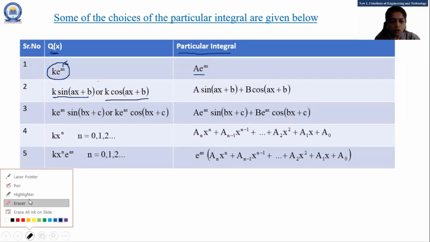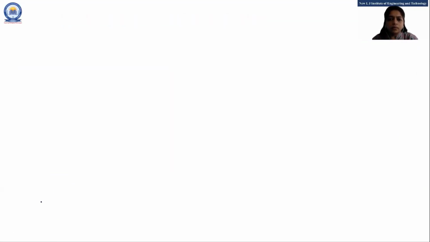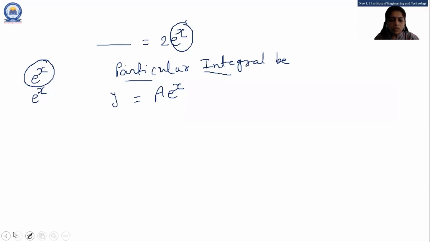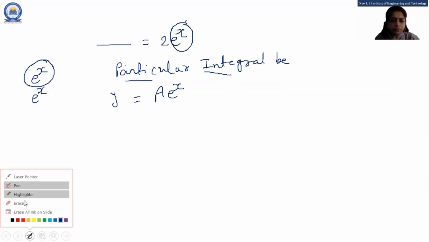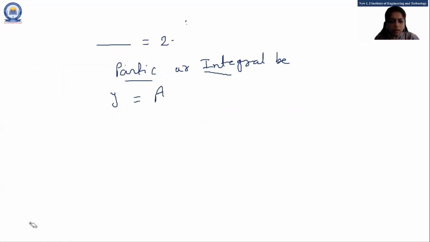Why like this? Because if we take our right hand side, see, suppose our right hand side is 2 sin 3x, right?